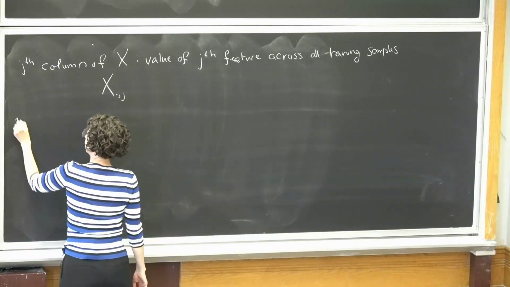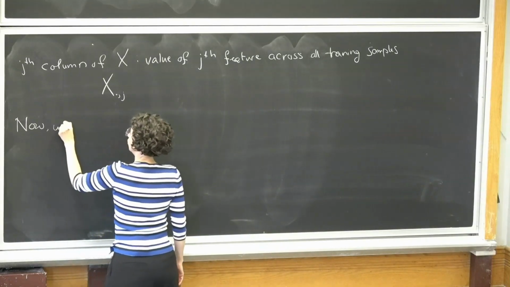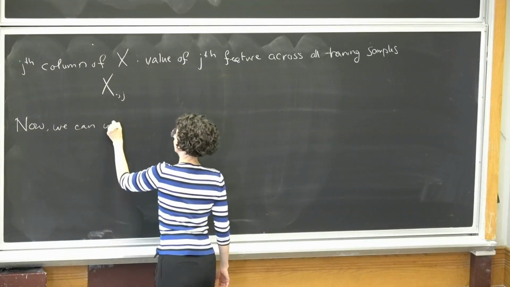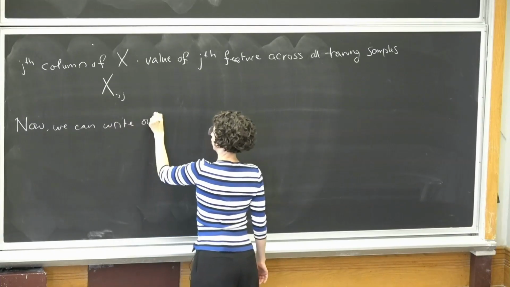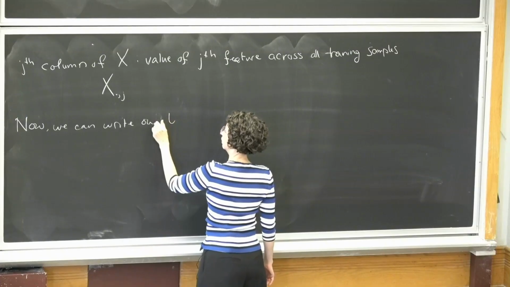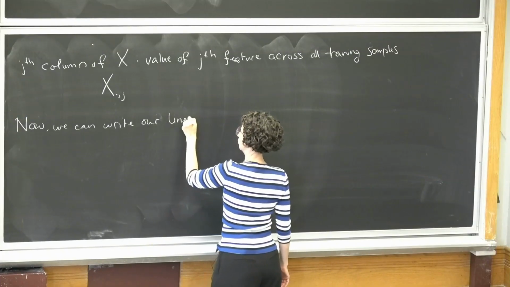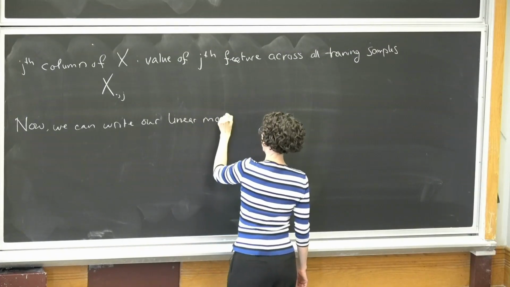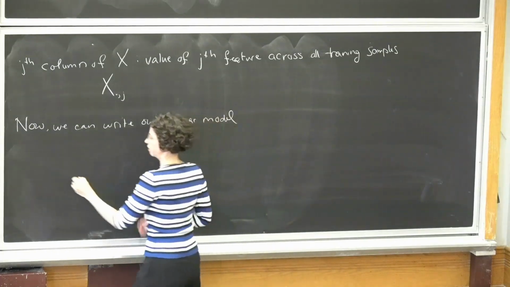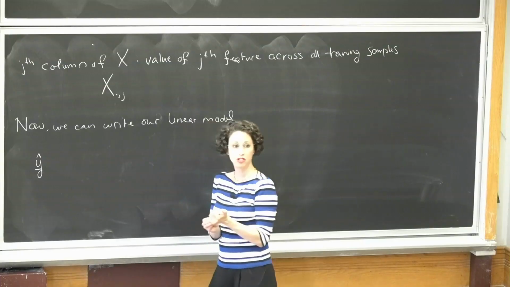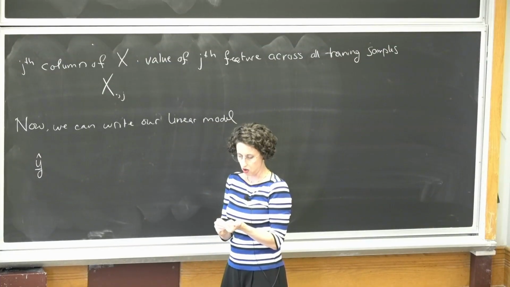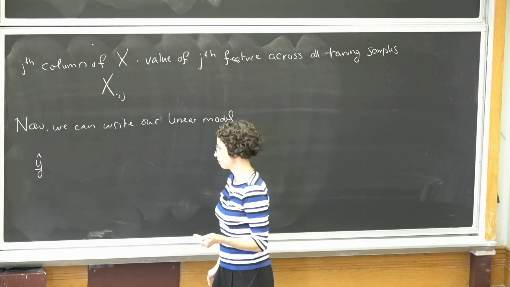So now, with this, we can write our linear model as the following. So y hat, now with the underline, is going to be all of the predictions for all of our training samples.